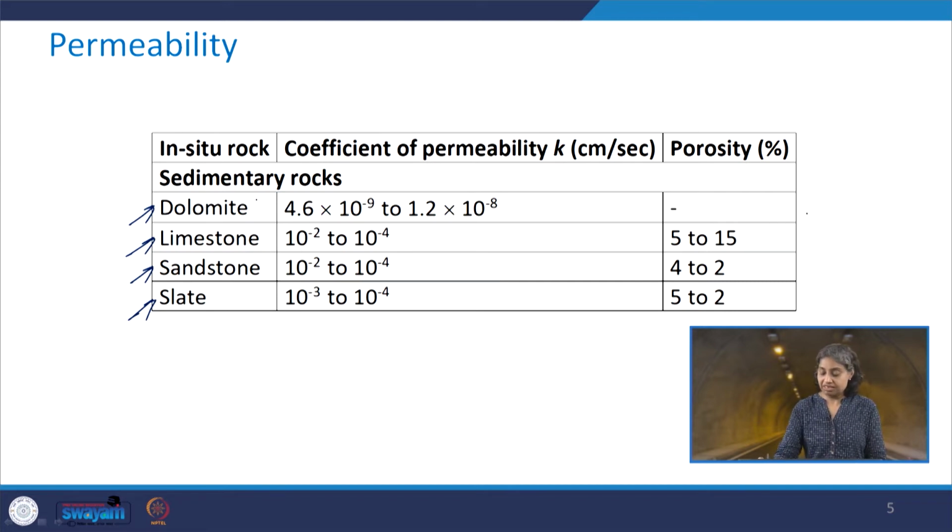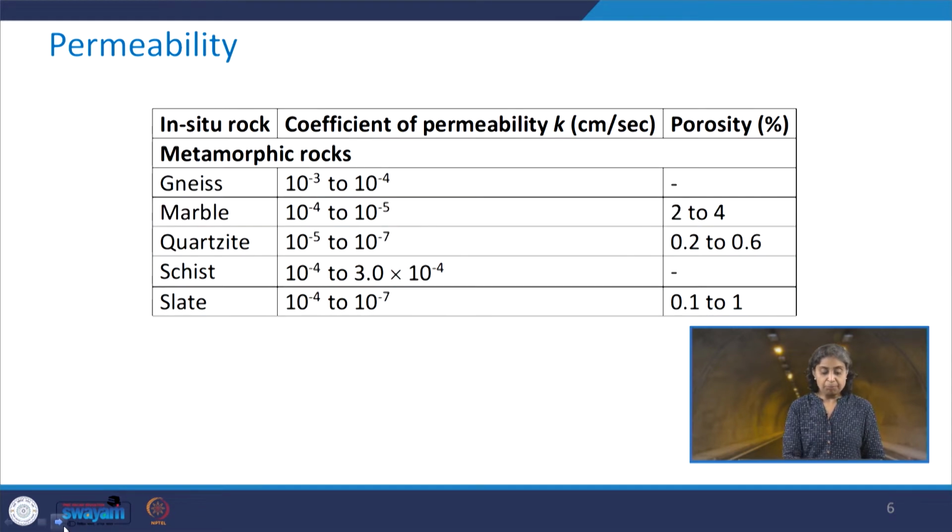For dolomite, this is not available, but in case of limestone, you see the coefficient of permeability varies from 10 to the power of minus 2 to 10 to the power of minus 4 centimeter per second, with the porosity varying from 5 to 15%. Similarly, we have the range for sandstone and slate and the corresponding range for the porosity, which is 4 to 2 for sandstone and 5 to 2 for slate.